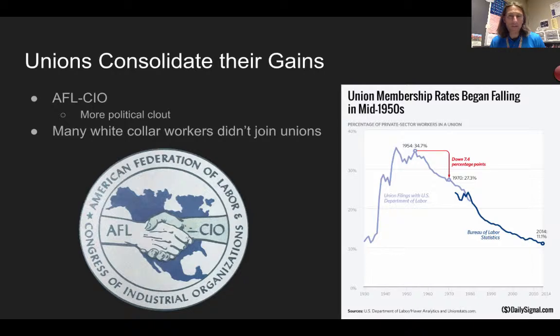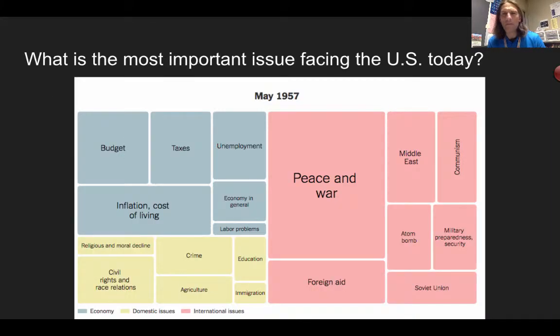And one of the things that's going to lead to falling union membership is the fact that white collar workers didn't really join unions. Service sectors don't have really labor unions. This is more of a manufacturing thing. So as fewer and fewer Americans are in manufacturing, you just have a smaller pool of people to join labor unions. And as this white collar service sector continues to grow, they never really formed unions. And so there's just going to be this declining, and that's going to be one of the factors.